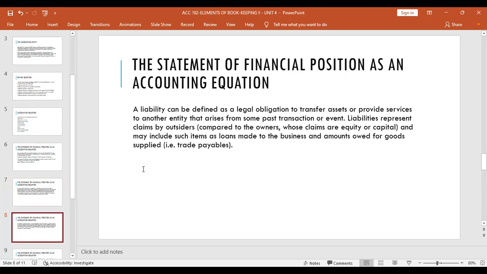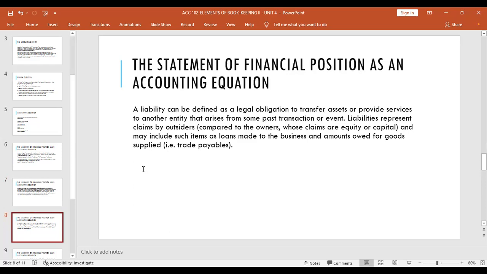A liability can be defined as a legal obligation to transfer assets or provide services to another entity that arises from some past transaction or events. So there is a legal obligation. The company is owing another company because they've gotten value which they've not paid.